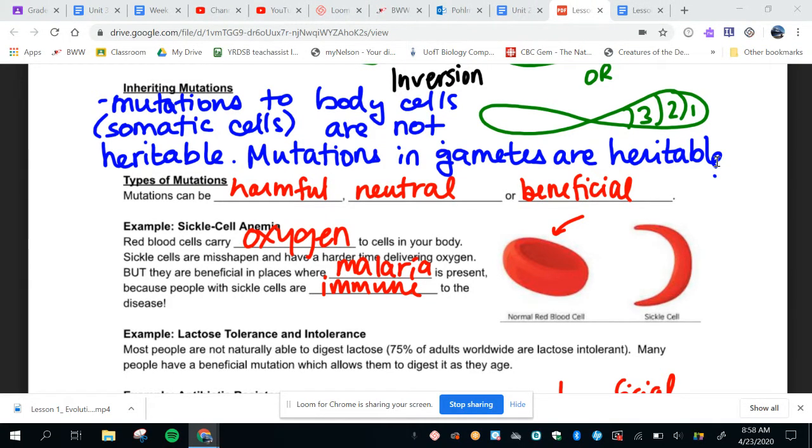If I develop a skin cancer, let's say on the skin on my hand, that becomes mutated by UV radiation and develops into skin cancer, that skin cancer is not actually making its way to my gamete cells. So if I were to have children, that particular mutation is not going to be passed on. Only things that happen to the gametes are going to be passed along.